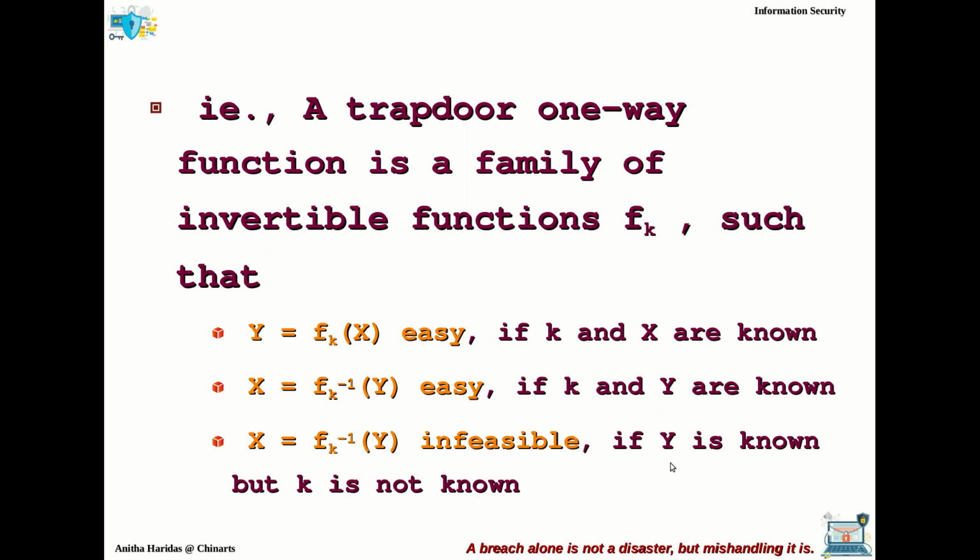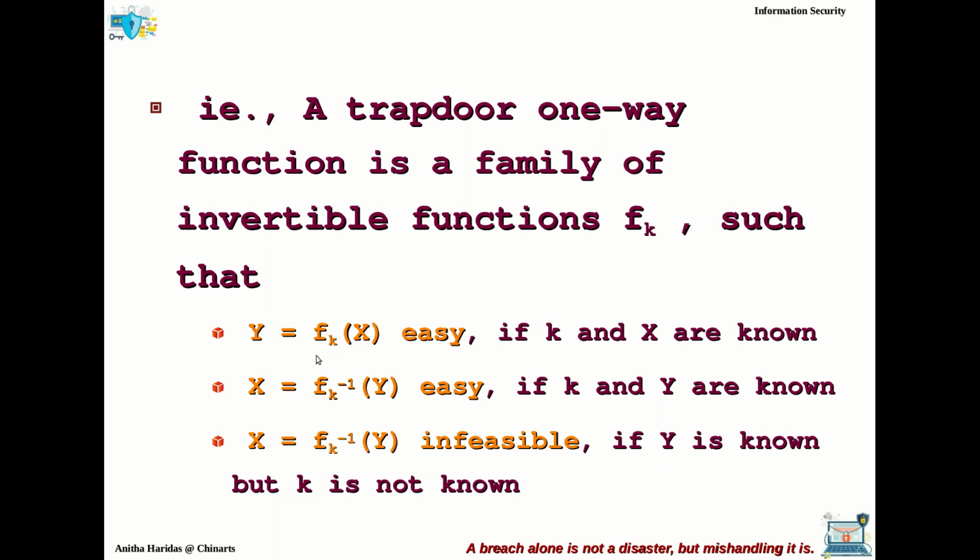But if you know the y value alone without the k value, then the inverse function becomes very difficult or infeasible. It cannot be determined in polynomial time. This kind of function is called a one-way function which has a trapdoor, so we can call it a trapdoor one-way function.